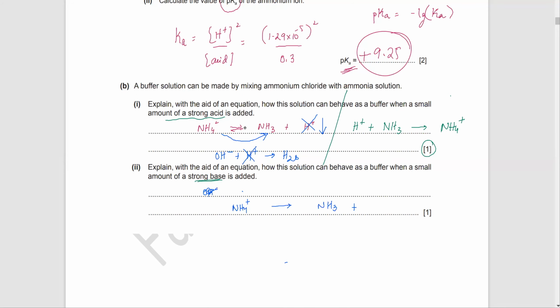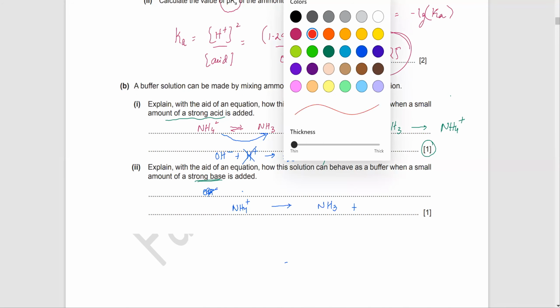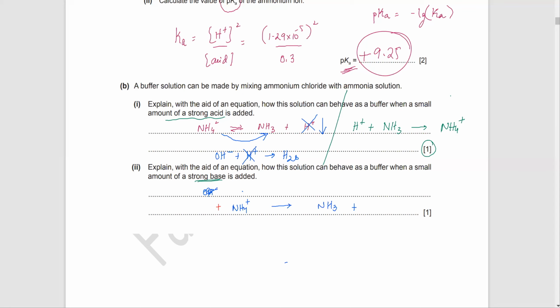So you need to add OH ions as well. The OH ions are coming in and reacting with the H plus and neutralizing them to water molecules. So you have to alter the forward reaction just a little bit to add in the OH ions and show their effect. So this would be your equation in the forward direction.